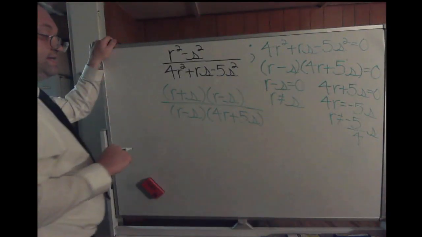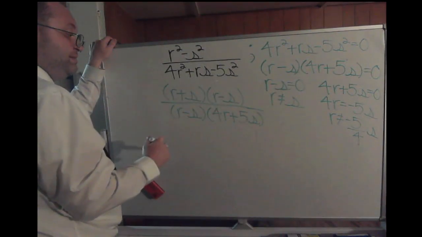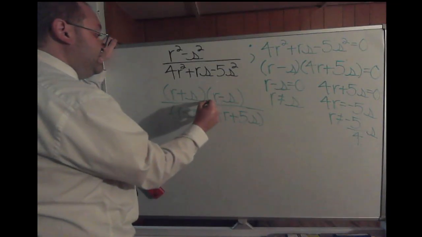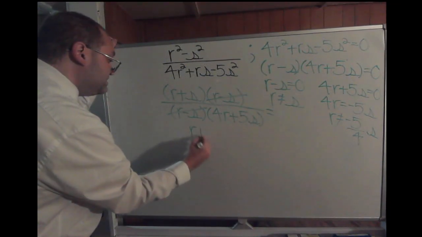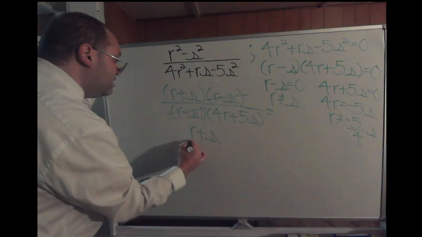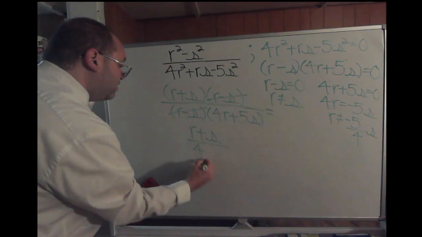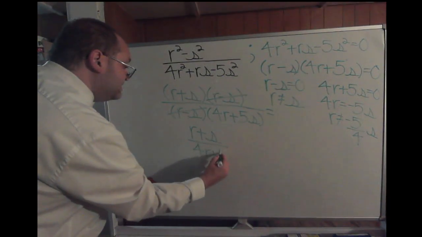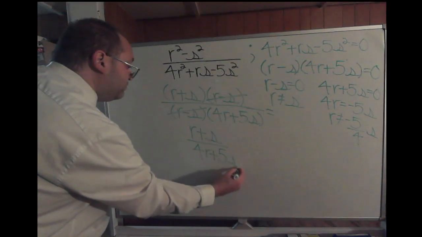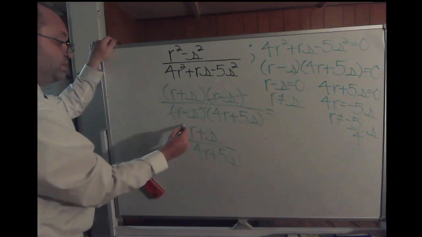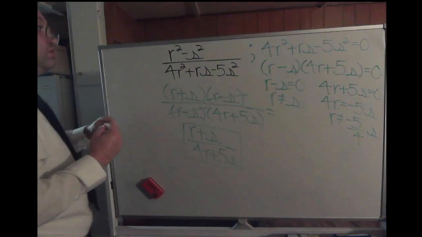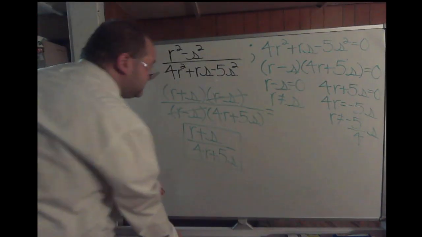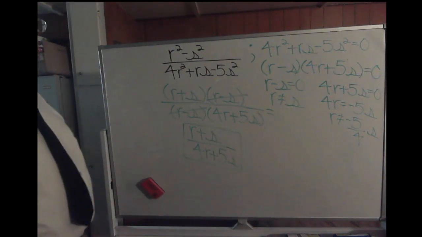Well, we can see between the numerator and denominator there's a common r minus s that'll factor out, leaving you with r plus s in the numerator all over 4r plus 5s in the denominator. And there's no further way to factor these, so the simplification is therefore r plus s all over 4r plus 5s.